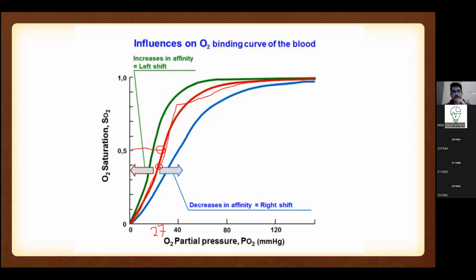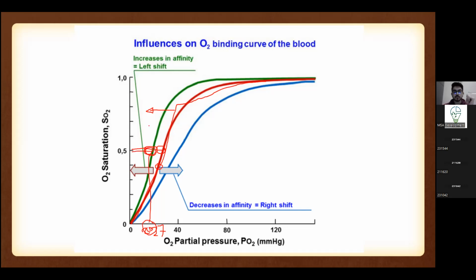The green graph is a shift to the left. If we look at P50 of the green graph, it is about 20. P50 is again the pressure at which we have 50% saturation. So if we locate the saturation of 50 here, we find that the pressure is about 20.